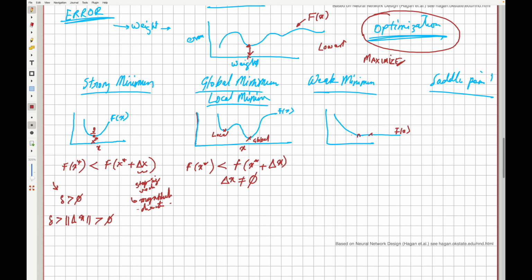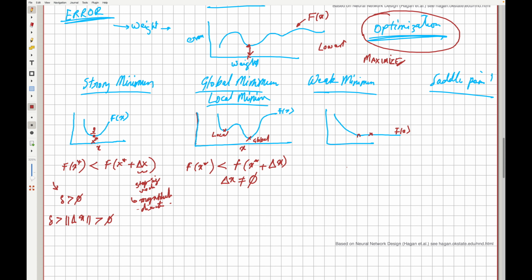So what is happening here is I cannot go down. So the f of x never dips down below where I'm at any position on this. So I'm on a plateau, flat. The best that can happen is I could go up on f of x but never go down. And this is the weak minimum.